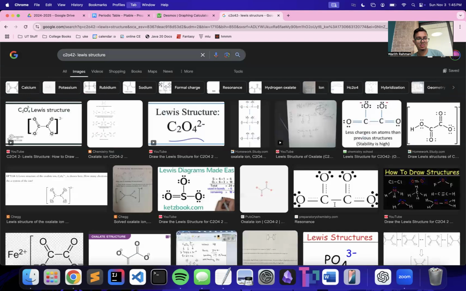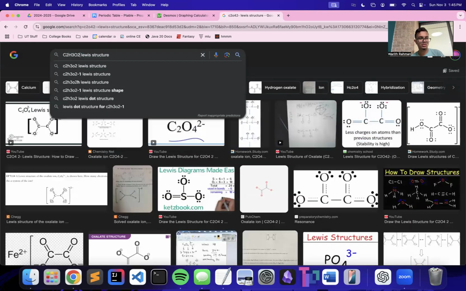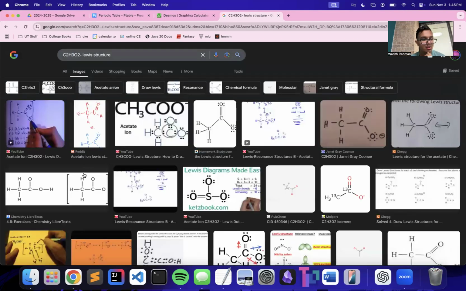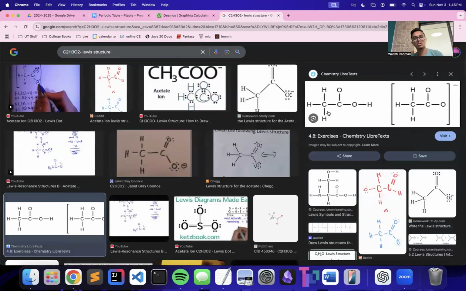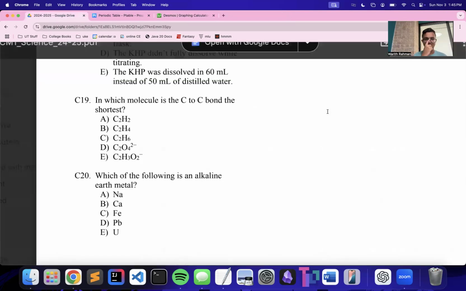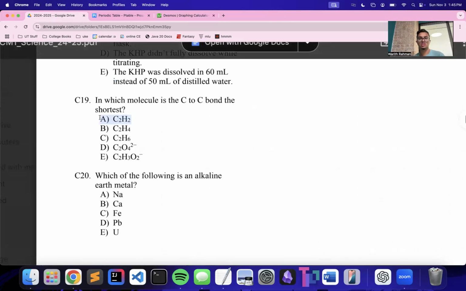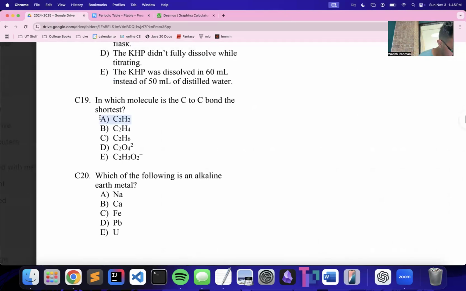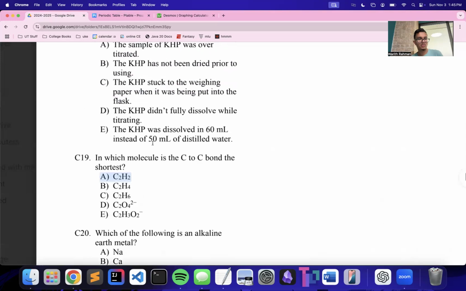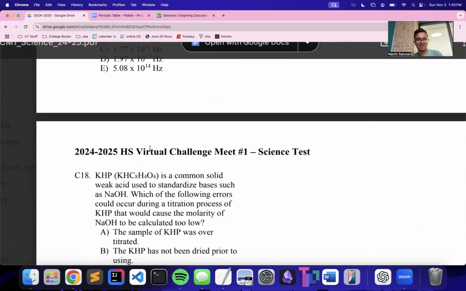And then C2H3O2, so this is the acetate ion, is also going to have a single bond between the two carbons. So once you draw these all out in context, you would realize that C2H2 is the only triple bond, and thus it's going to be the shortest. Okay. And yeah, I did get this one right.